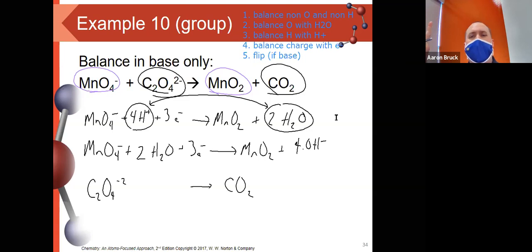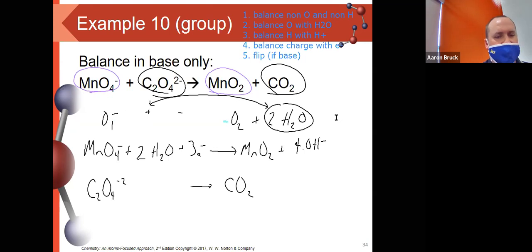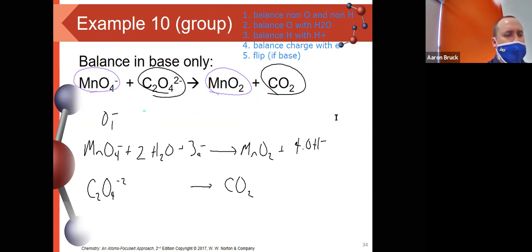The 2 waters that were product are now 2 waters on the reactant side. The 4 hydrogens that were on the reactant side are now 4 hydroxides on the opposite side. I have effectively flipped the hydrogen and the oxygen substances. That is my balanced half reaction for this equation in base.